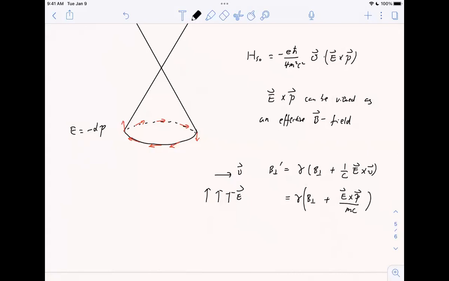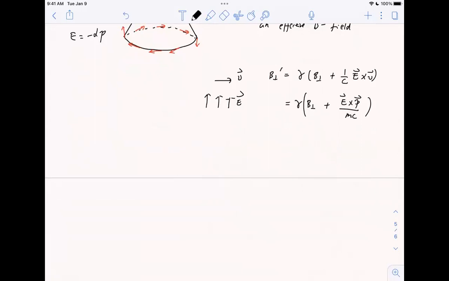Then you can see that this B field is in the direction perpendicular to E and P. That means if you have an E field like this, and then you have a P like this, E cross P will give you a B field like this, out of plane.